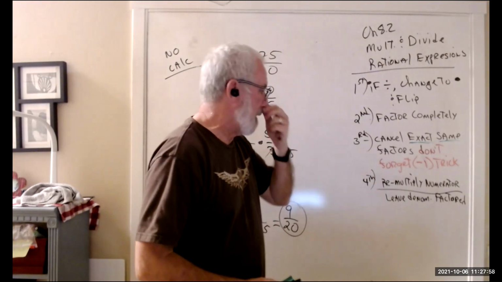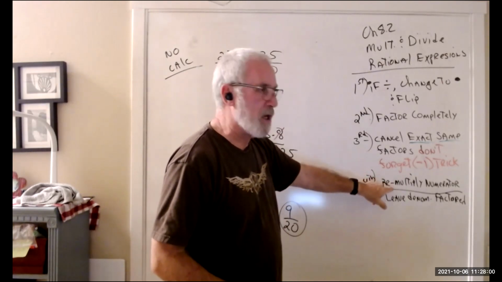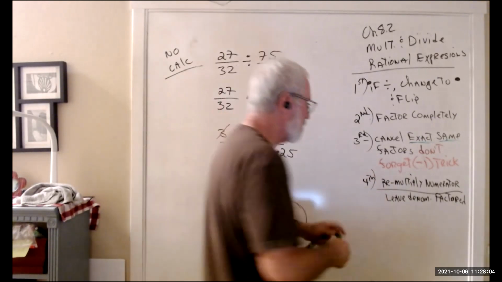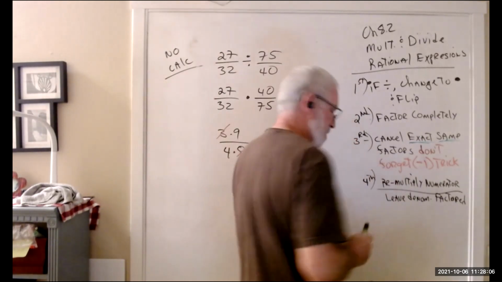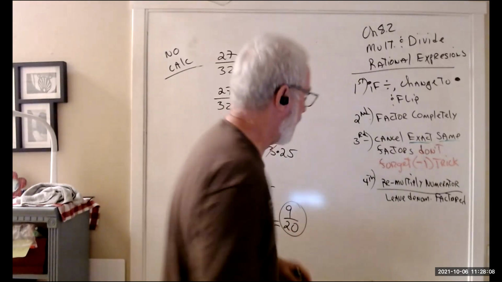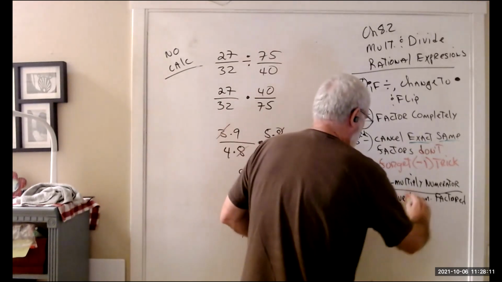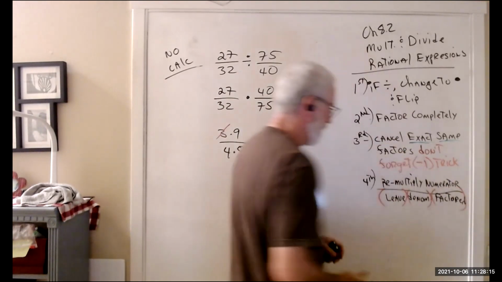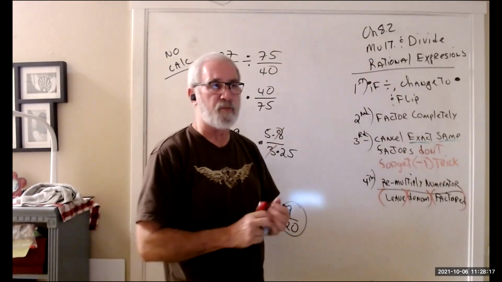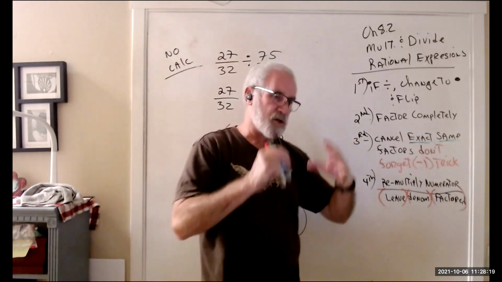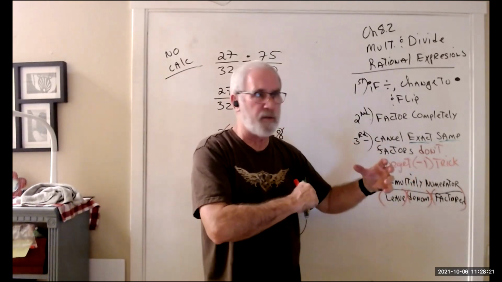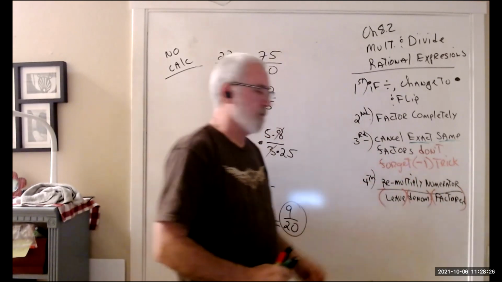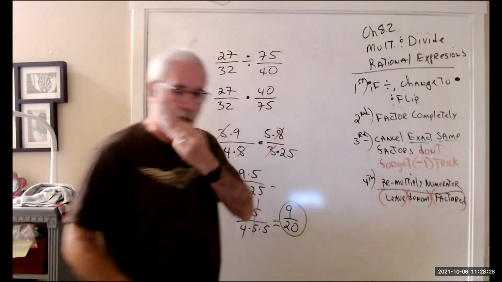But then when we're done, we're going to re-multiply the numerator. And I'll show you, but this is important. We're going to leave the denominator factored. In other words, if you've got a bunch of parentheses in the denominator, just leave them there. Don't multiply them together. Leave the denominator factored. Okay. All right, so here we go.